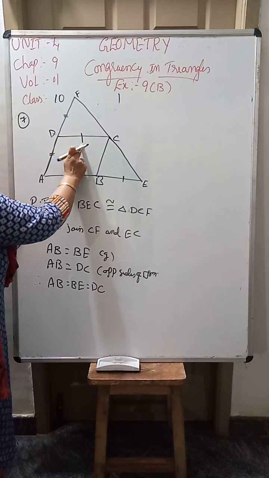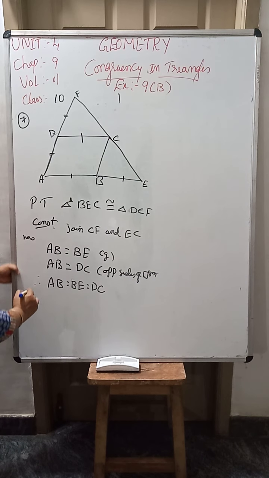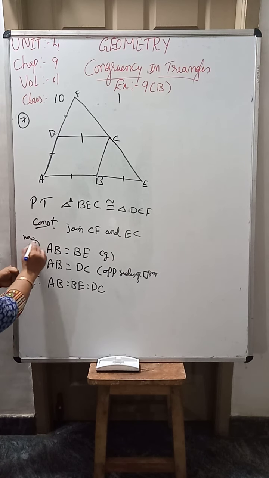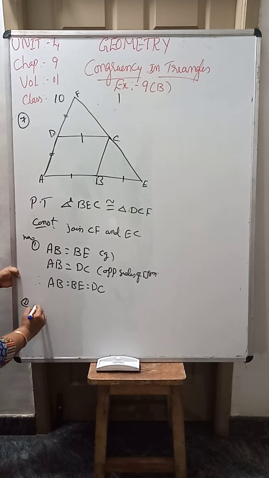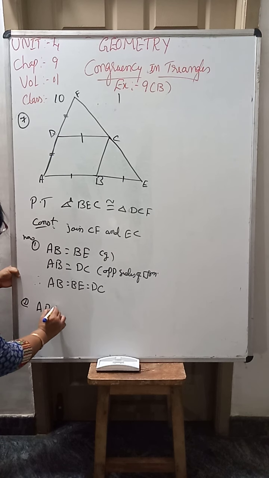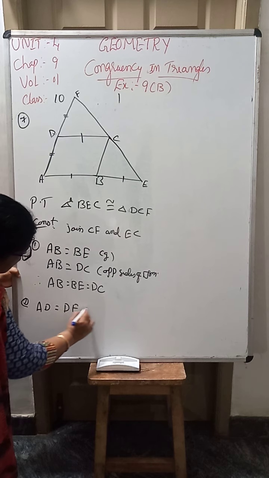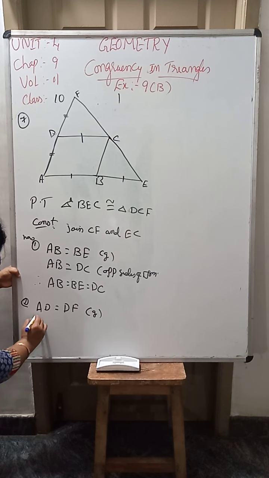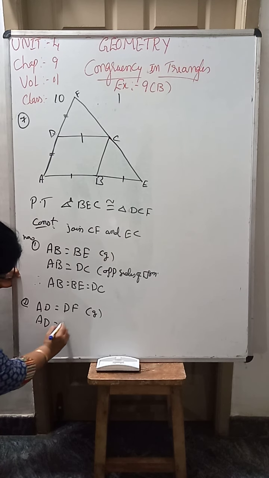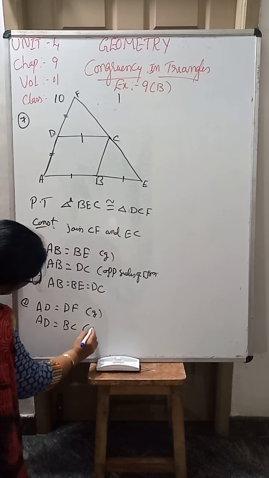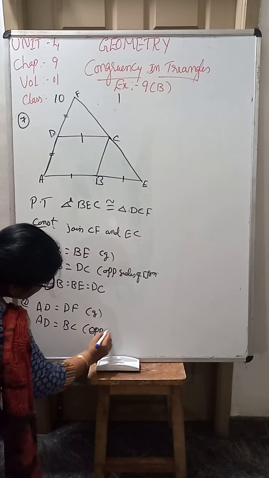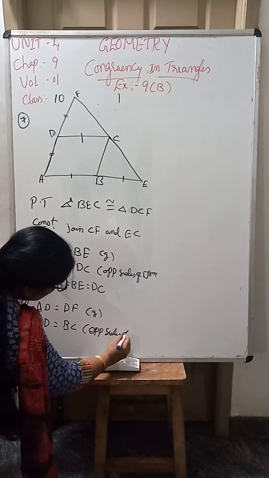Let me have one line. Next, second. This is the first one. Second: AD is equal to DF, given. And AD is equal to BC, opposite sides of parallelogram.